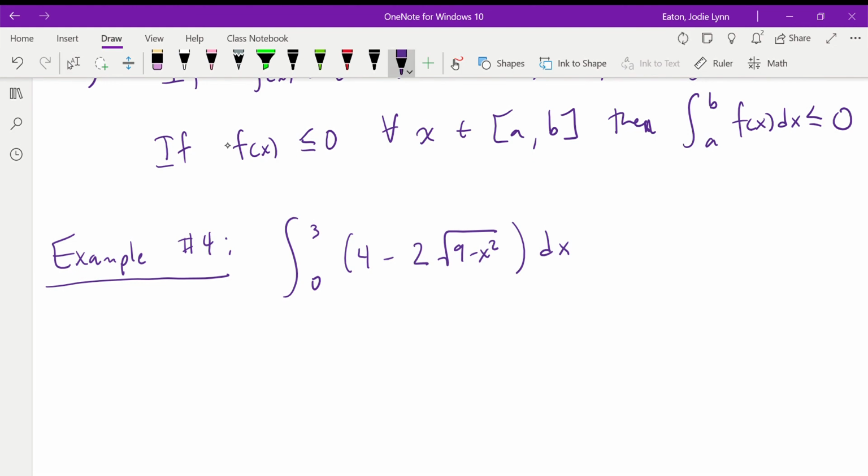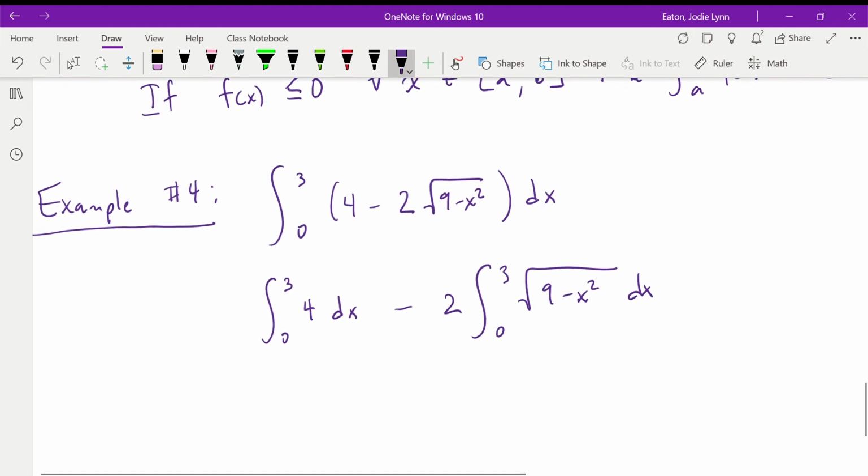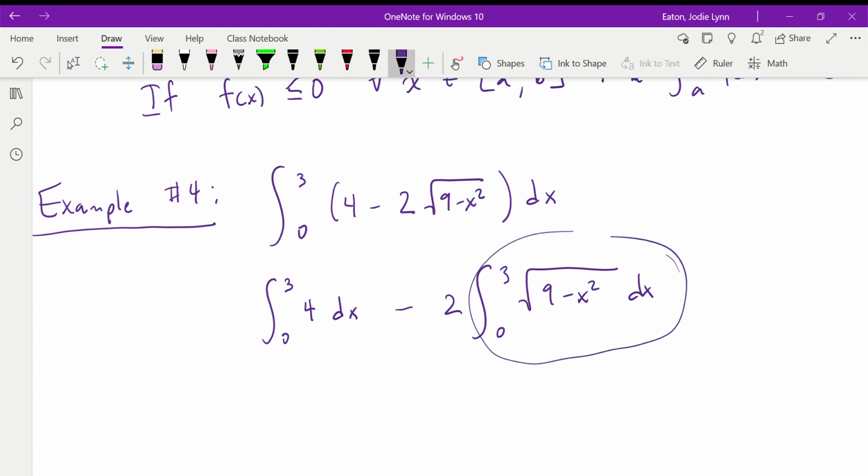Now we can split this up using some of our properties of definite integrals. So this is the integral from 0 to 3 of 4 dx minus 2 times the integral from 0 to 3 of radical 9 minus x squared dx. We know the answer to this from example 3.